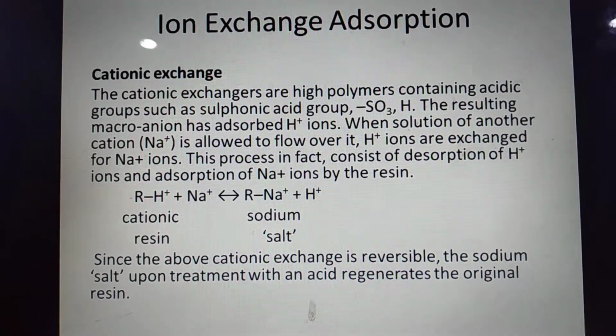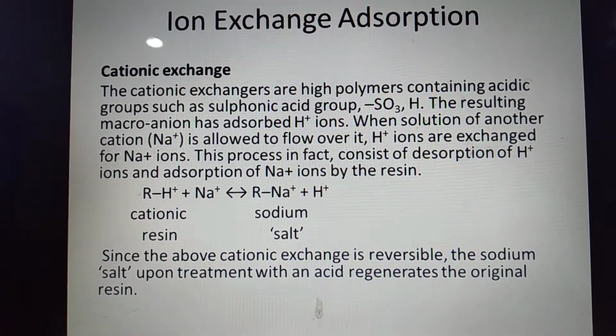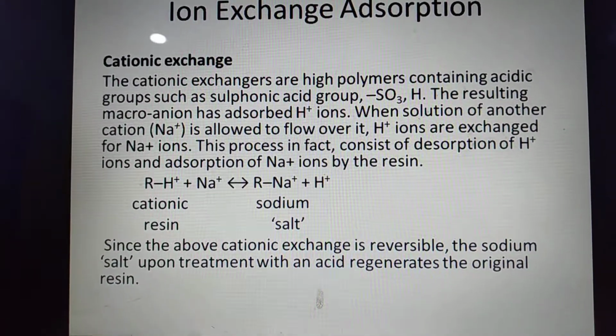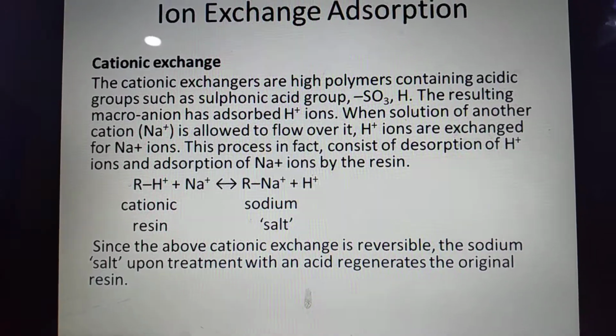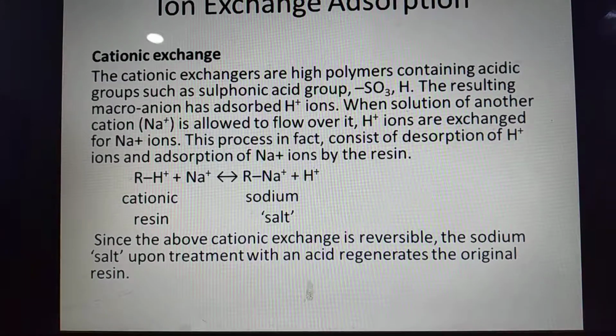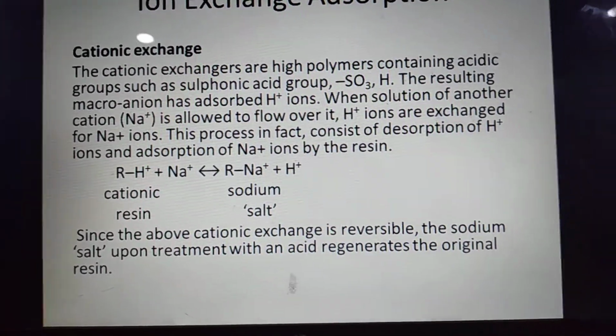Cation exchangers are high polymers containing acidic groups such as the sulfonic acid SO3H group, and the resulting macroanion has adsorbed hydrogen ions. When a solution of another cation, that is sodium ion, is allowed to flow over it, hydrogen ions are exchanged for sodium ions. So this process in fact consists of desorption of the hydrogen ions and adsorption of the sodium.